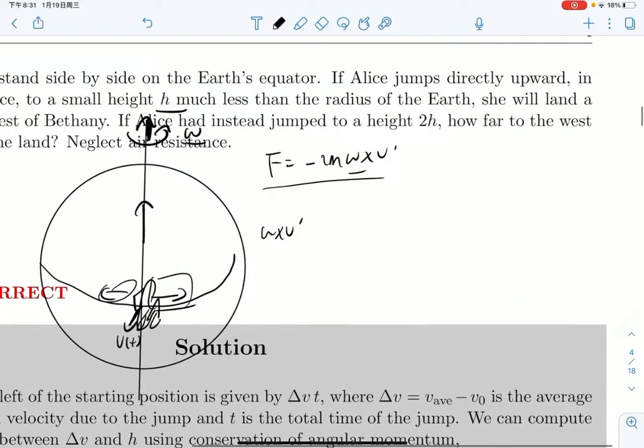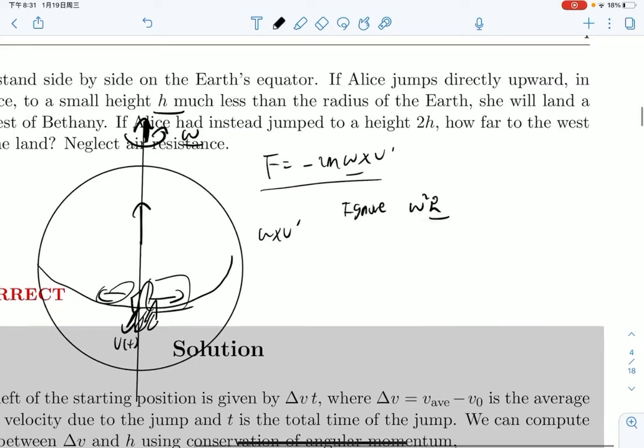And in most cases, we basically ignore this term, omega squared times r, where r is the radius of Earth, which we call the centripetal acceleration. If you take the frame as Earth, we often ignore this because it is too small compared to that term.